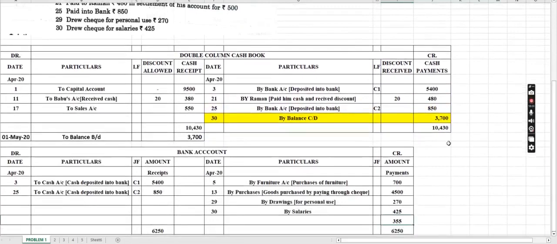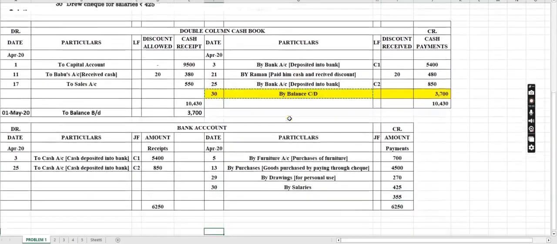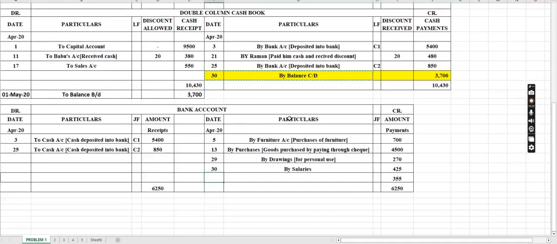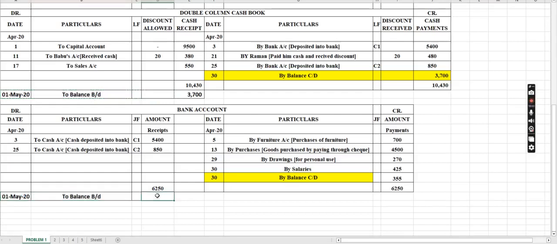That is right. On 30th, the balance carried down is 355 rupees. In here, on first, the balance brought down should be that 355 rupees.